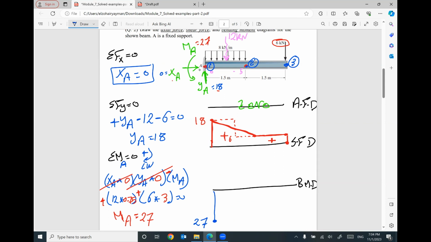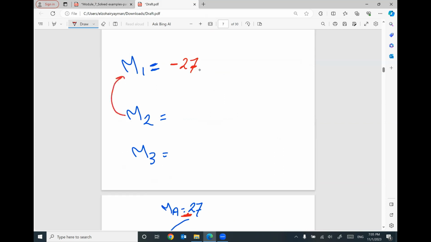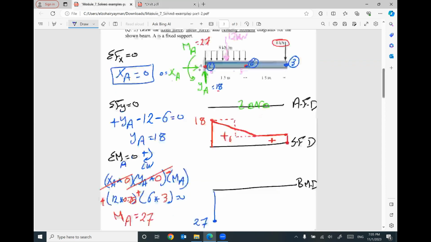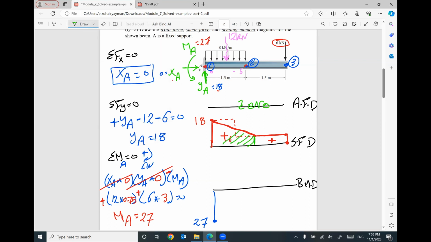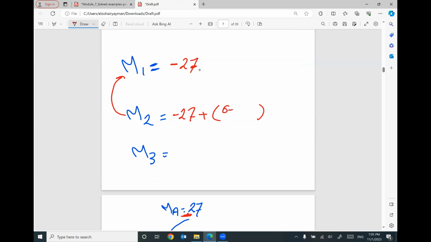What is the next value? M2 equal M1, negative 27, plus area of shear force diagram between the two positions. Keep in your mind, between 1 and 2, we have this area of shear force diagram. It's a trapezoid. This value is 6, this value is 18, and the distance in between is 1.5. So the area of this trapezoid will be 6 plus 18 divide 2 times the distance in between 1.5.